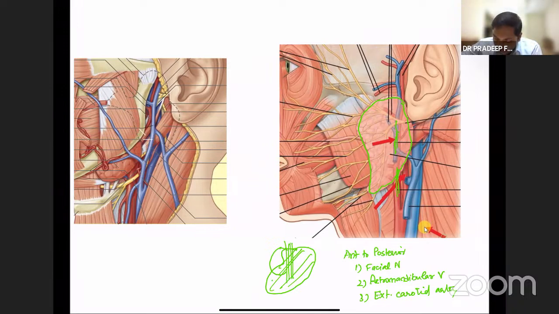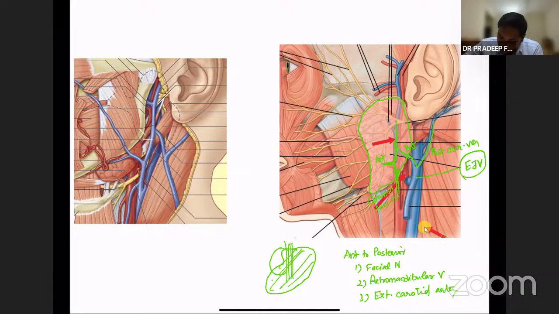The retromandibular vein divides into an anterior branch as well as a posterior branch. The posterior branch joins with the posterior auricular vein to form the EJV. The anterior branch joins the facial vein to form the common facial vein.